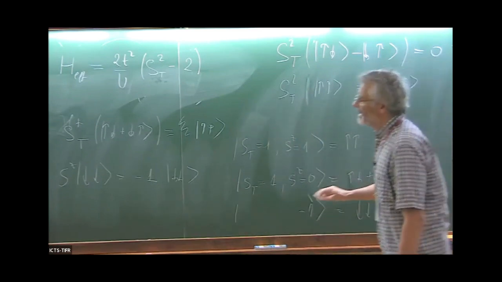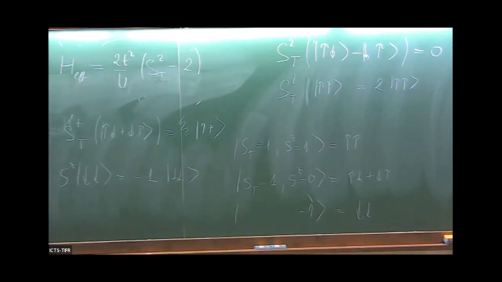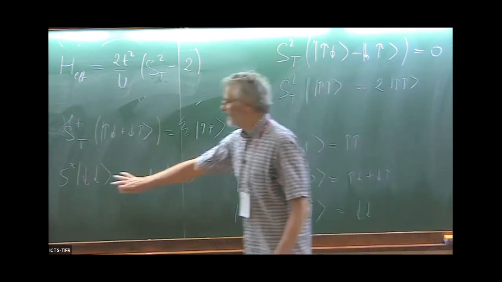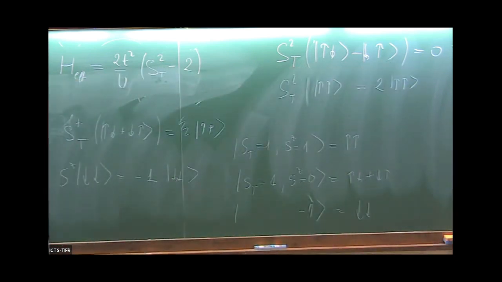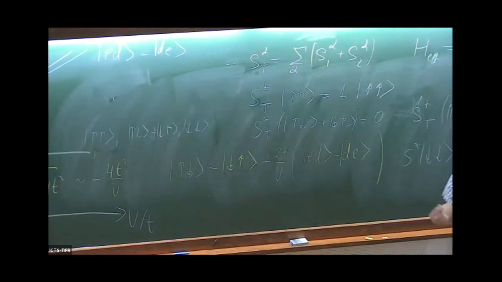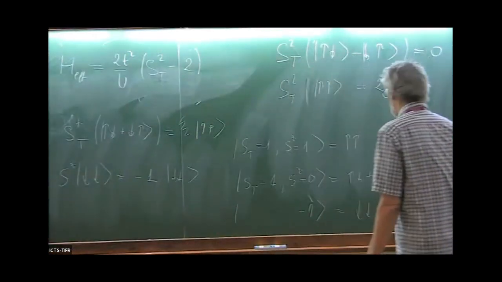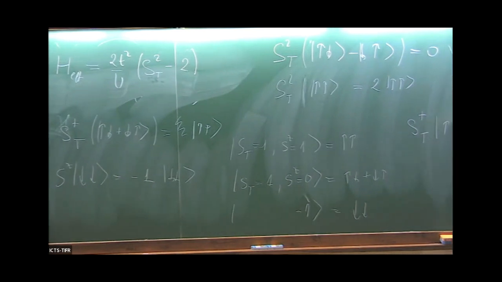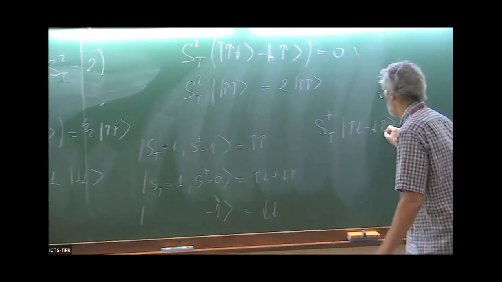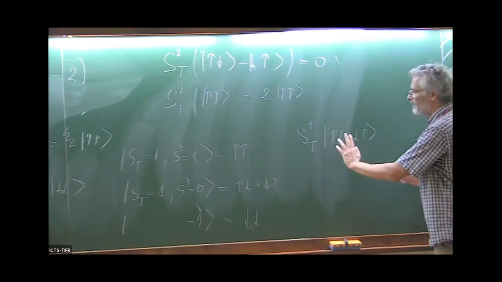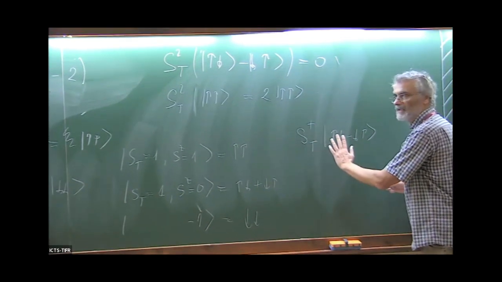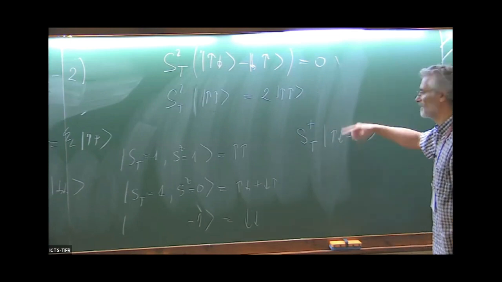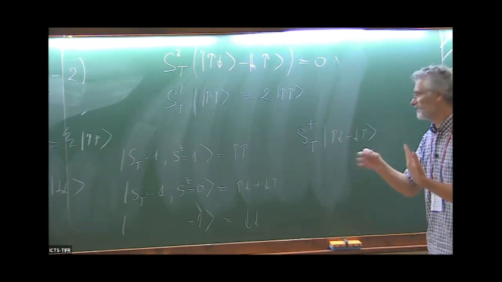And we have the up, down, minus down, up. If we apply the Sz operator to this state, it will be 0. And if we try to raise it, if we apply S plus total to up, down, minus down, up, what will happen is that we try to move the down spin to up spin, because that is the spin raising on side 2.